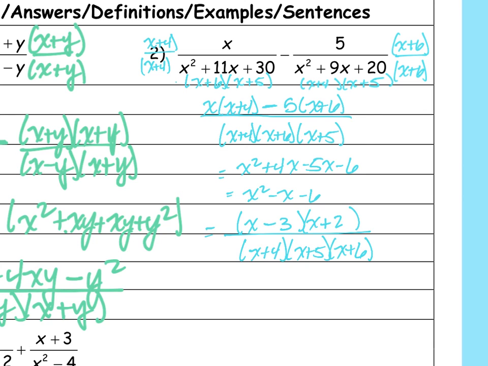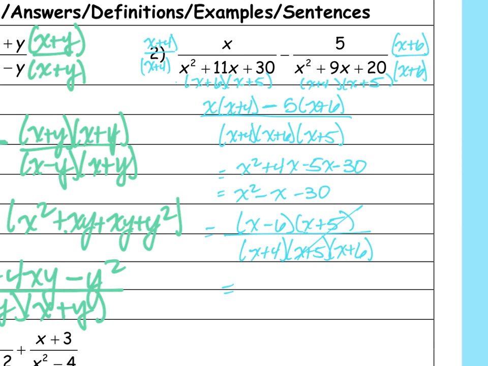That is not what it equals. I messed up, because 5 times 6 is not 6. Wow. Okay, let's erase there. 5 times 6 is negative 30. Let's see if that will make a difference. Minus x minus 30. I think that's going to be better. Okay. x and x, negative 6 and plus 5.